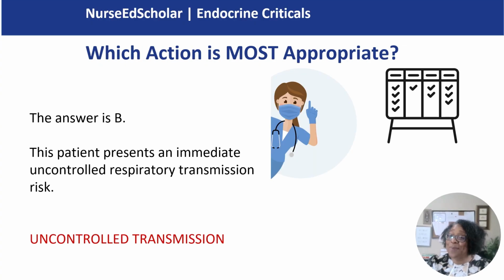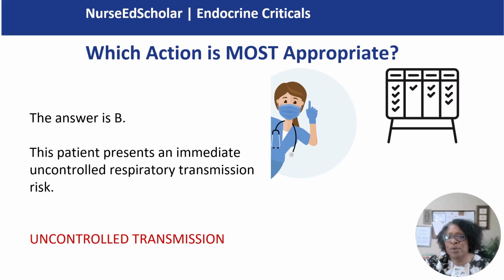And if you answered B again, you are correct. The patient with the influenza and the coughing without a mask presents an immediate, uncontrolled respiratory transmission risk. Remember, the patient is coughing, and that coughing and those microorganisms can infect staff, visitors, and patients really rapidly.